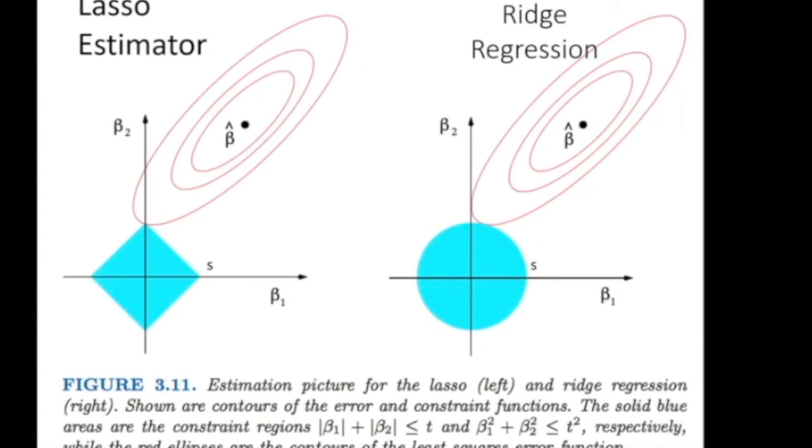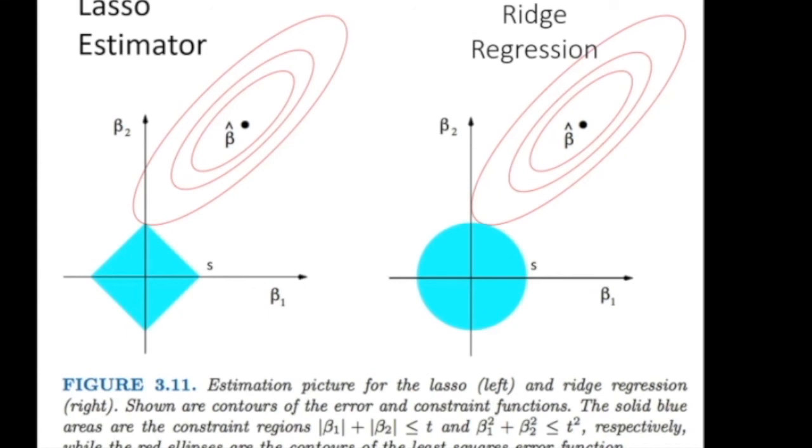Let's compare the ridge solution versus the lasso solution. We already derived that the ridge solution has shrinkage. In this figure, I'm shrinking beta 1 to here, and shrinking beta 2 to here.